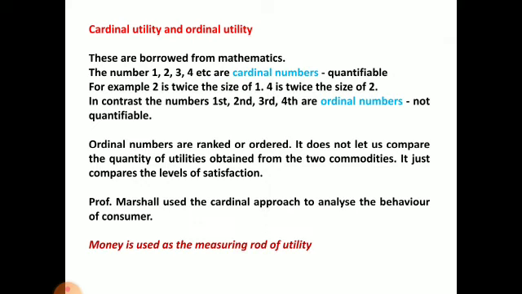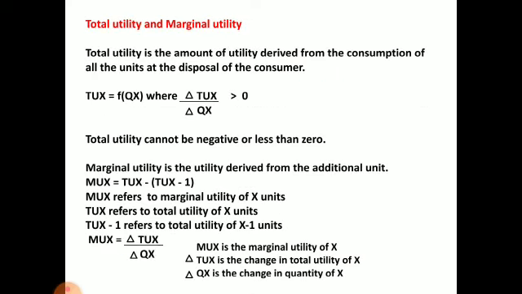The amount of utility derived from the consumption of all the units at the disposal of the consumer is total utility. Here we are going to differentiate between the two concepts, namely total utility and marginal utility. What is total utility? Total utility is the amount of utility derived from the consumption of all the units at the disposal of the consumer.